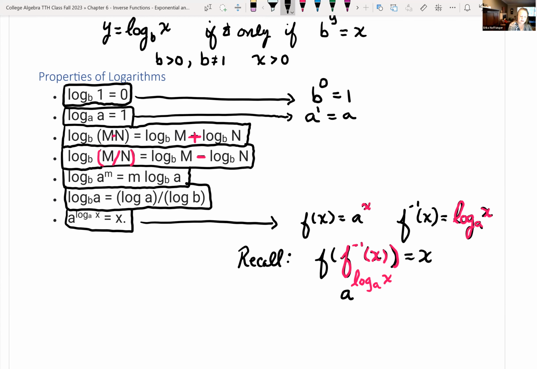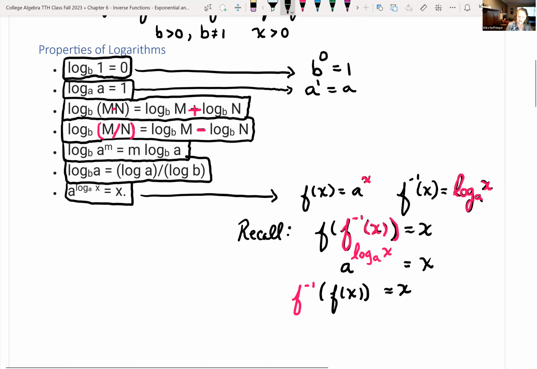This has to be, by definition of being inverses of each other, x. So it should also be able to go the opposite direction. So if we had f inverse of f of x, this also must equal x to be an inverse function.